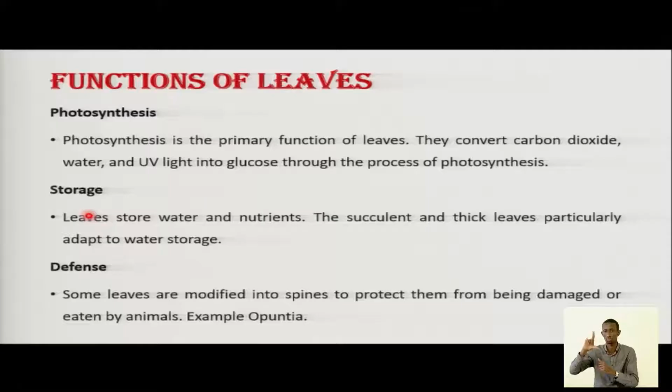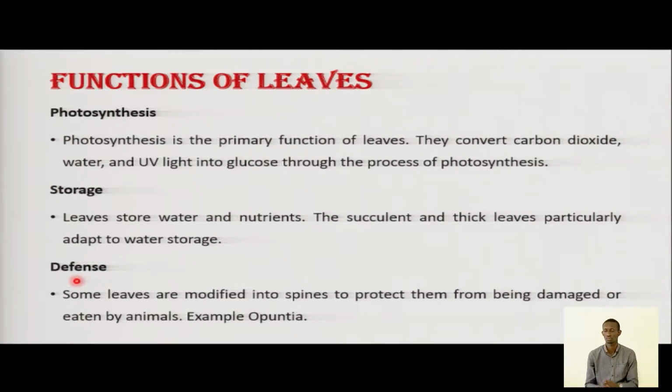Then some of the leaves are used as storage organs, like we have seen in agave and aloe vera plants. Water and food nutrients can be stored in leaves. Then some of the leaves can be used for defense, for protecting the plant from herbivores and for preventing excessive loss of water.